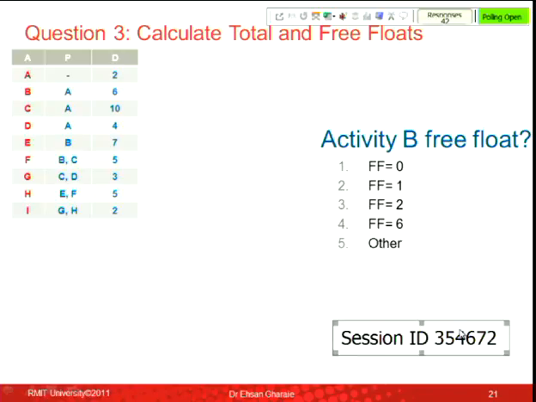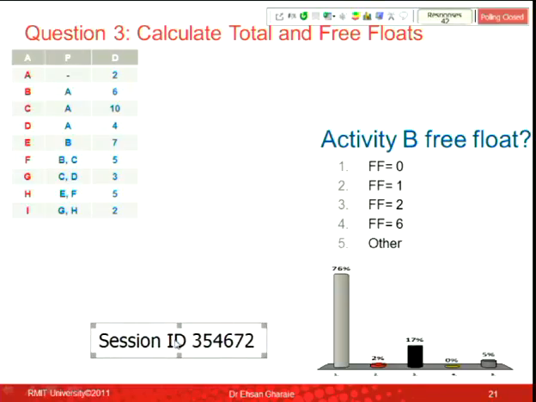Okay, so I'm closing the poll now. We had 0, 1, 2, and other. Okay, good. Thanks for trying.